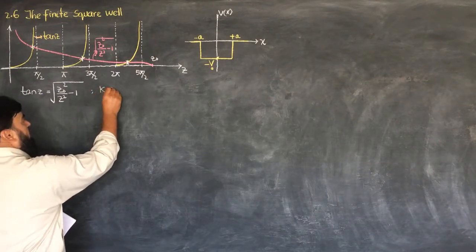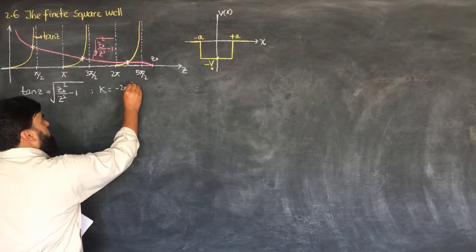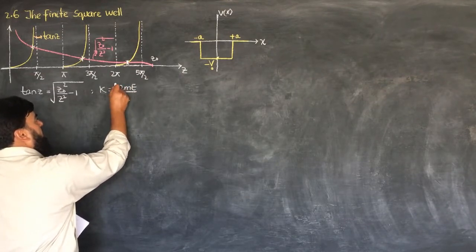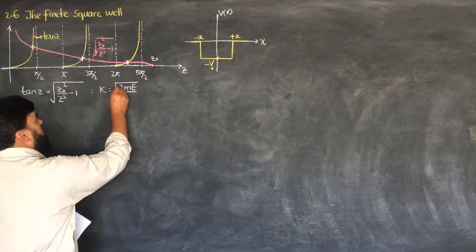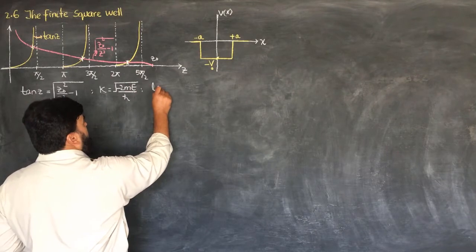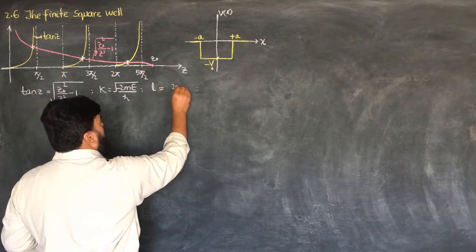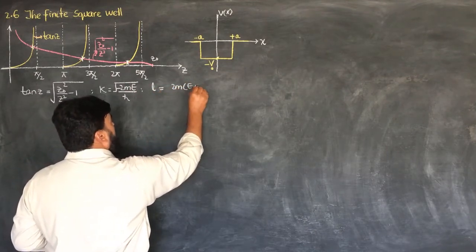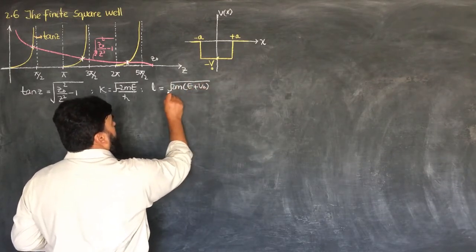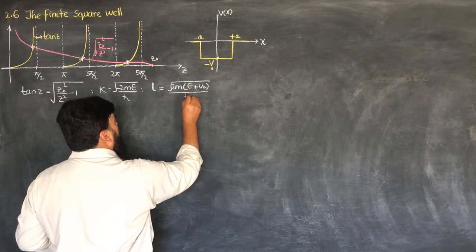We have k equals minus 2me over h bar and the numerator is in the square root, while L we supposed is 2m e plus v naught square root divided by h bar.